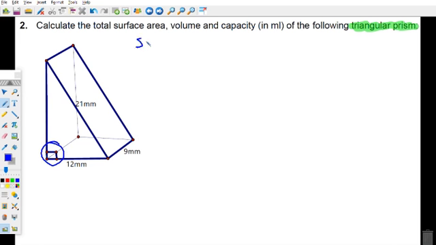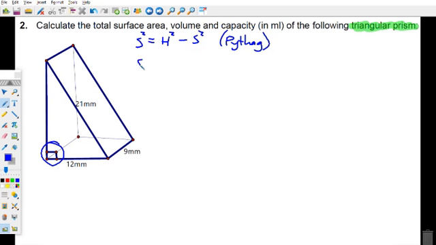So the side squared is equal to the hypotenuse squared minus the side squared. You must have Pythag there. If there's no Pythag, it's wrong. Okay, so let's work it out.